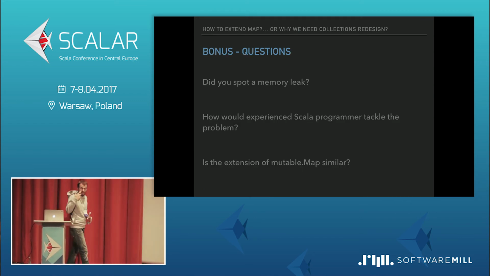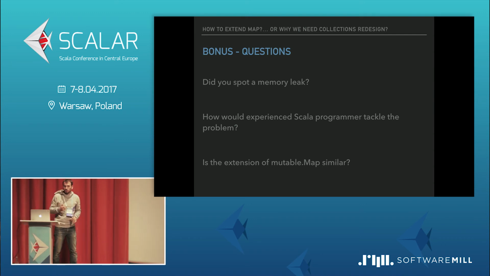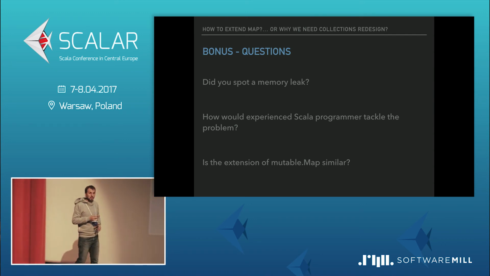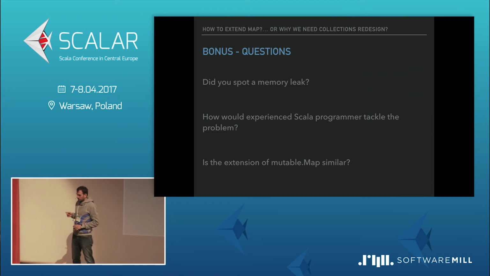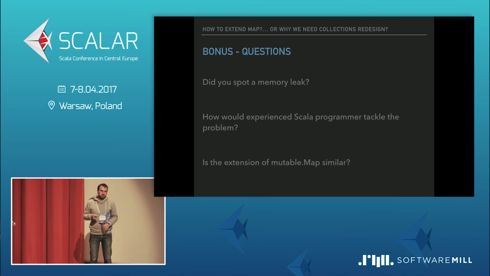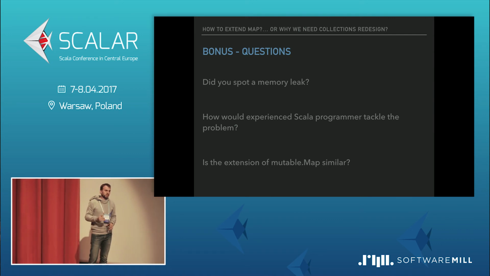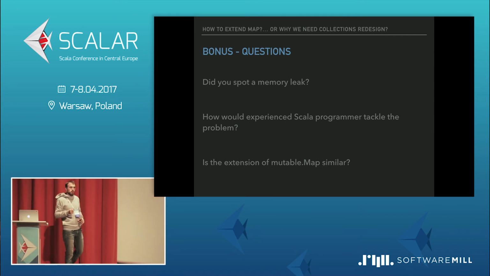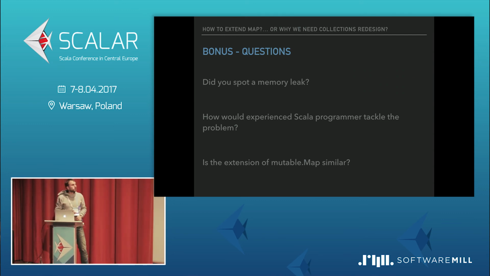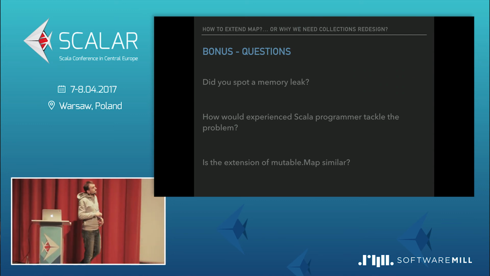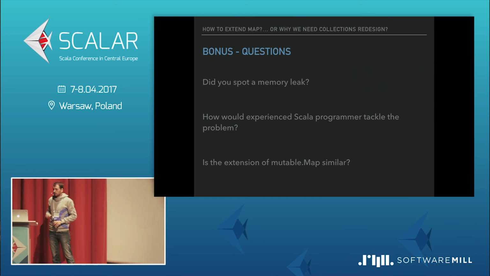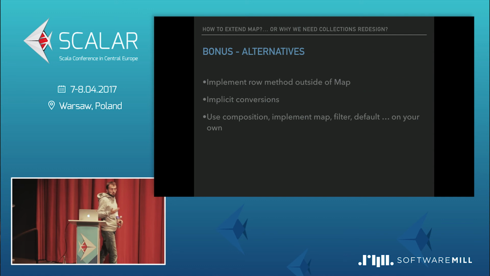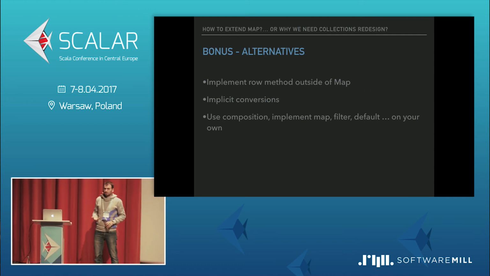Okay, how would an experienced Scala engineer tackle the problem? And that's the interesting question. Some of you knew it before: you should never extend Scala's collection. And there was a good talk by Rudiger earlier about collections. The first thing, don't extend it. What you can use actually is you can implement a row method outside of the map, right?